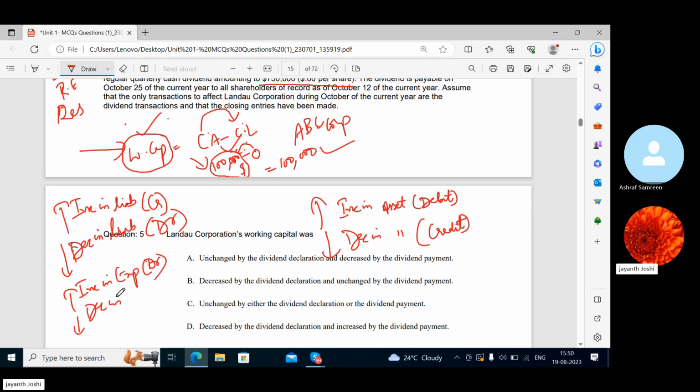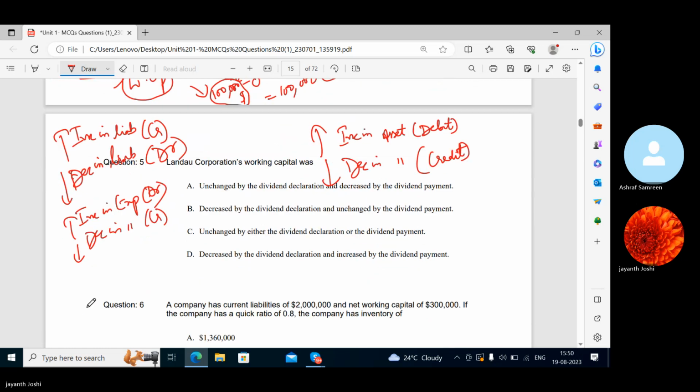Decrease in expense is credit. Increase in income is credit. Decrease in income is debit, reverse treatment.